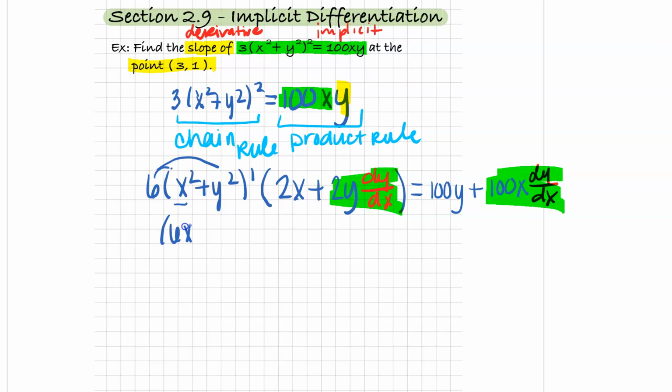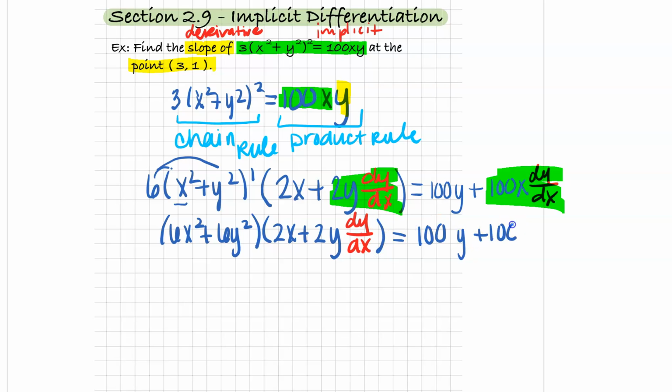And so that gives me 6x squared plus 6y squared times (2x plus 2y dy/dx). Over here on the right side, I'm just going to bring it along for the ride. It's not causing me any troubles. Then I'm going to multiply or FOIL out the left side.